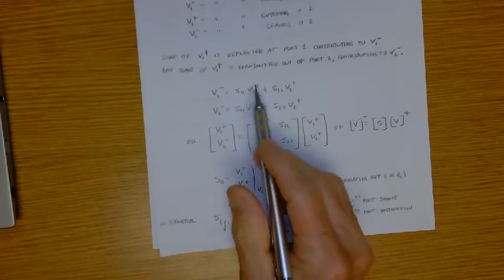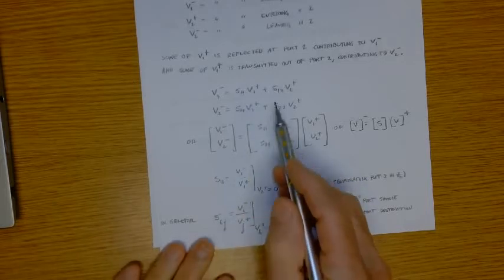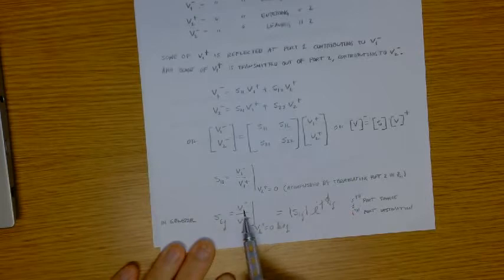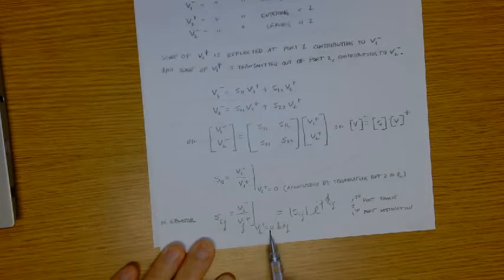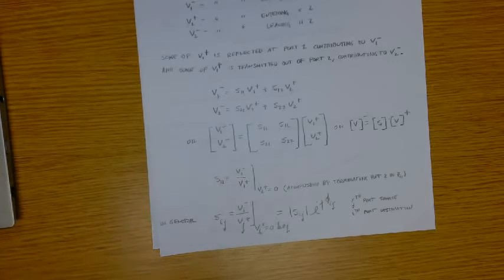And so in the general case, any particular scattering matrix element that I want, Sij, is going to be Vi minus over Vj plus, with all the other Vk pluses equal to 0, except of course for Vj plus. Okay, so this is just a general statement of what this was a specific example for, right?